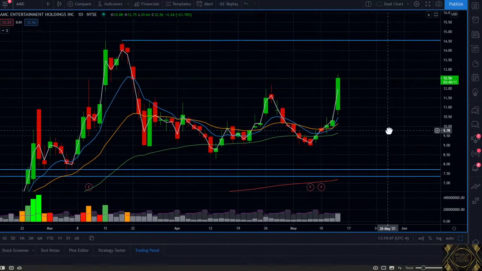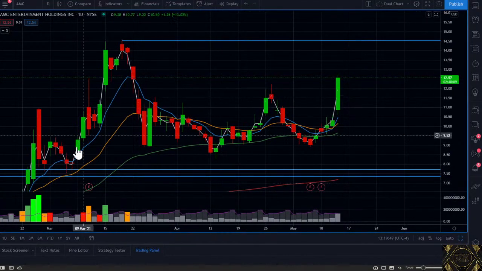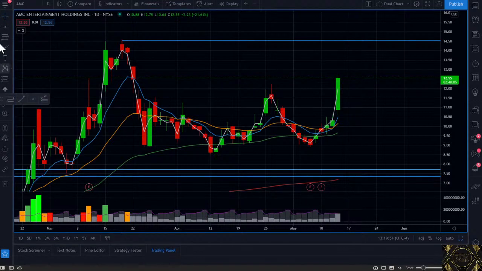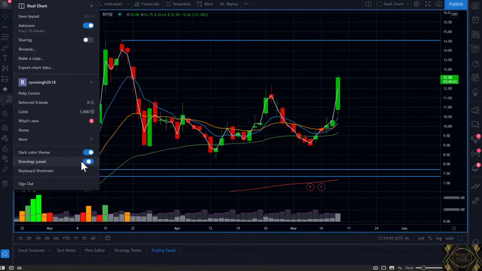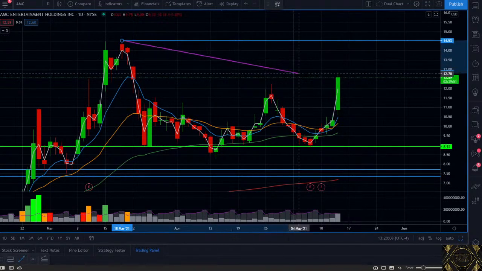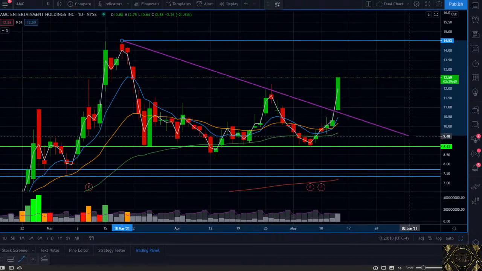So if I pull up the chart on AMC and we simply go to the drawings panel. All right. And then we put a line across the bottom, so about right here, and then one across the top, like this.